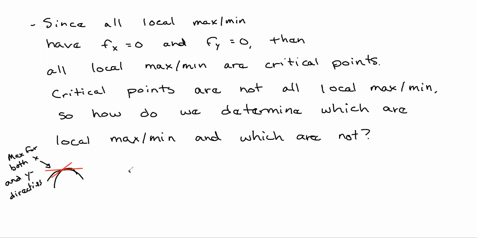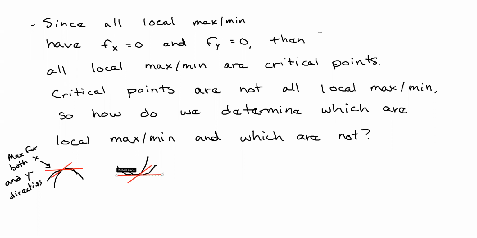You could have a valley in the x direction and a valley in the y direction. And in that case, yes, the place where our partials equal 0 would produce a max or a min.